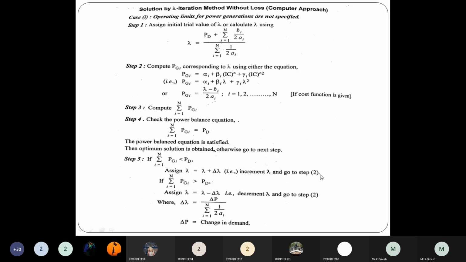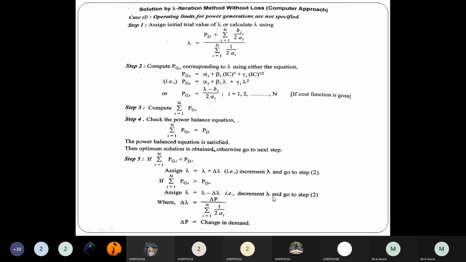Next one, PGi greater than PD. I have to check the lowest possible permissibility as well as the highest permissibility, so 2 scenarios I have to evaluate: whether it is higher or lower. If PGi is greater than PD, then lambda equals lambda minus del lambda, so I decrement lambda.